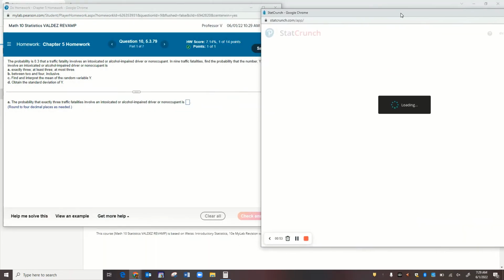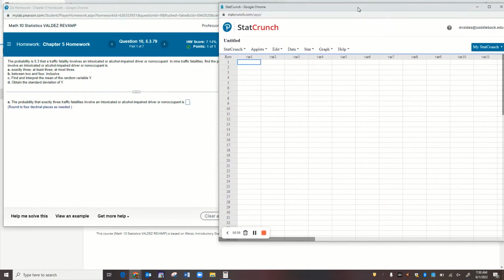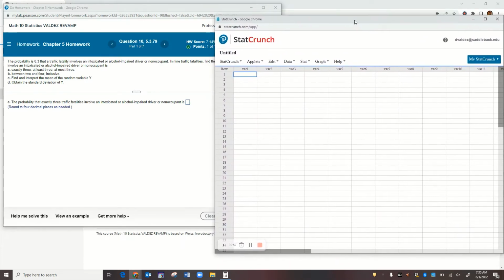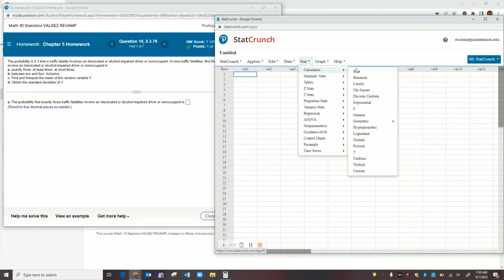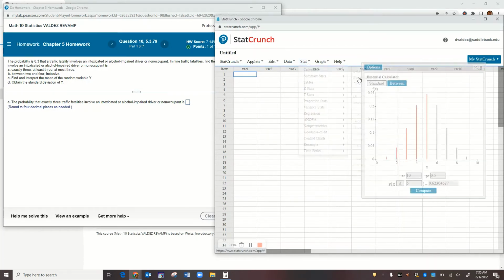All right, now let's see if we can open up the calculator and then identify what the parameters are. So you're going to go to Stat, this time Calculators, and then go over to where you see Binomial. That's the one we want. And we have to identify what n and p are for this distribution.